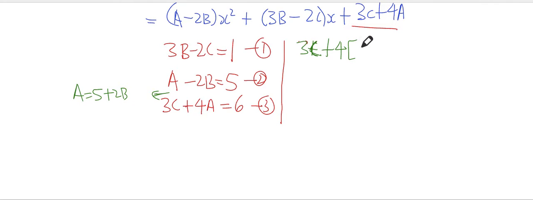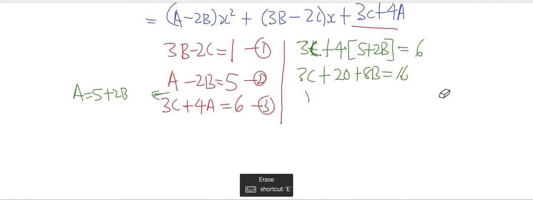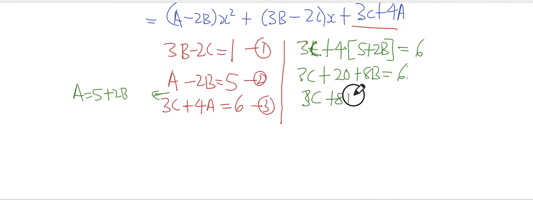So 3C plus 4 times 5 plus 2B equals 6. You expand that, so it should be 3C plus 20 plus 8B equals 6. So 3C plus 8B equals 6 minus 20, which is negative 14.